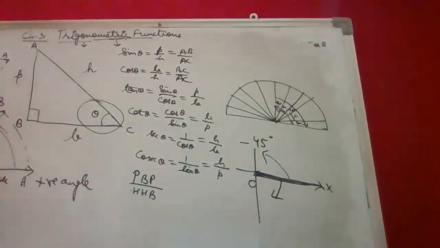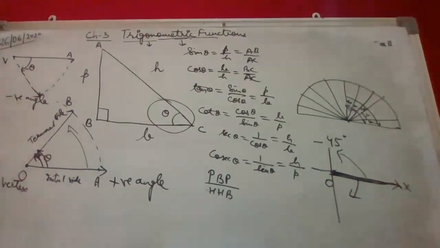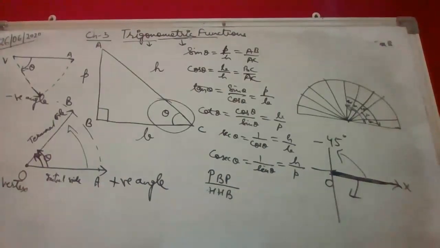Now, after this we are coming to the measures. Up till now we only have studied about the degree measure, and that is in class 10th we have studied that angle 30 degree, 45 degree, 60 degree, 90 degree, 180 degree, 360 degree. We have studied about degree measure.